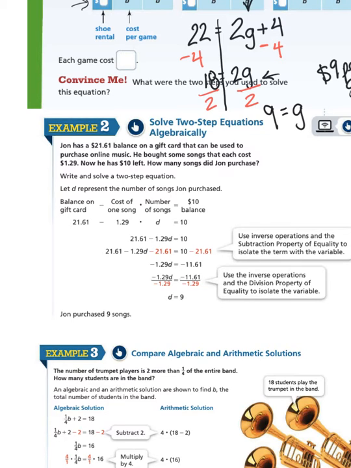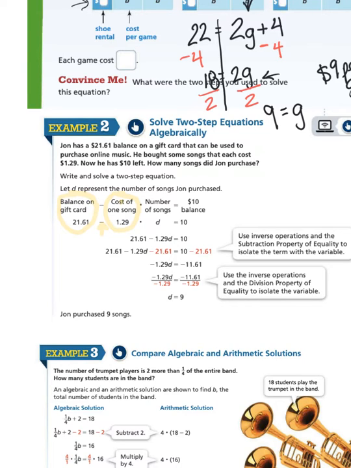So he has a balance on the gift card of $21.61. He bought some songs. So if he's buying, we're going to subtract. And the cost of one song was $1.29.